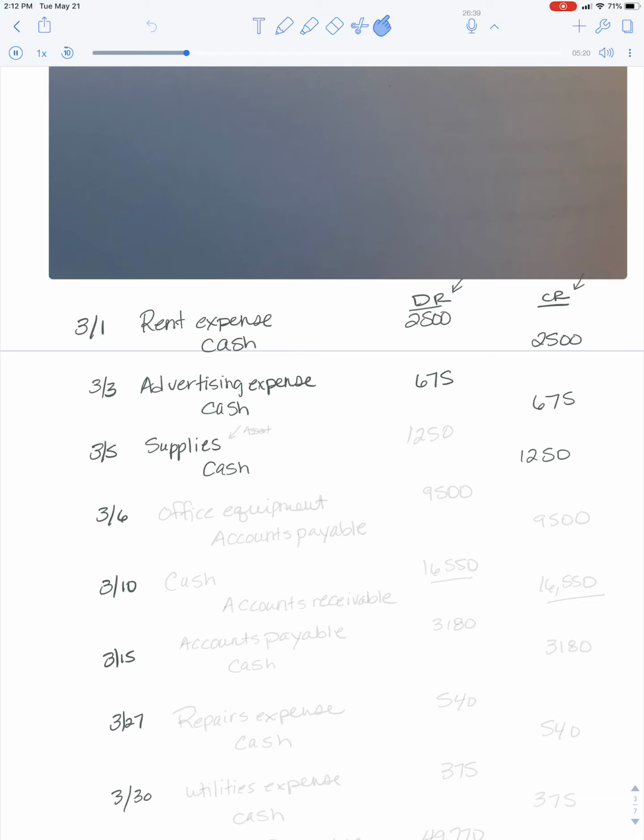So we're going to put everything on the shelf. When we pay for all the supplies, I want you to put them on this shelf, which we just call the plain old supplies account. And this is an asset account. So it's going to hang out there until we use it, and then we'll expense it.